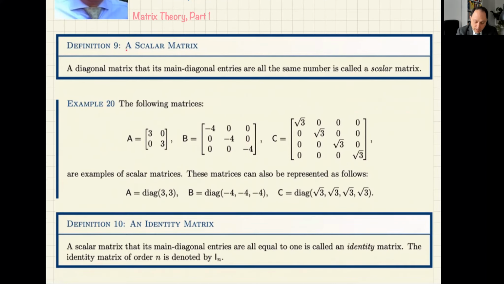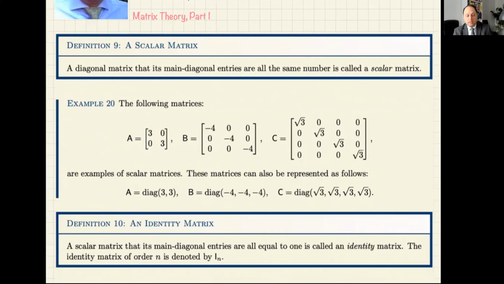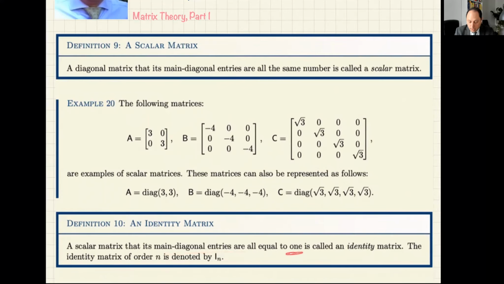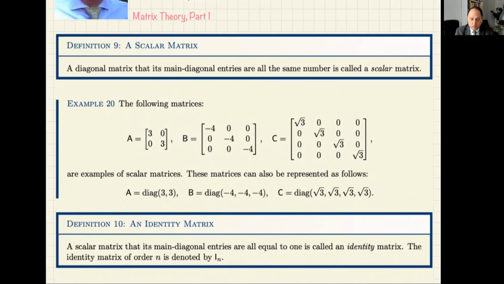Now, a subclass of scalar matrices, which are very important and have a prominent role in matrix theory, are called identity matrices. A scalar matrix whose main diagonal entries are all equal to 1 is called an identity matrix. And this letter I in matrix theory is reserved for the identity matrices.